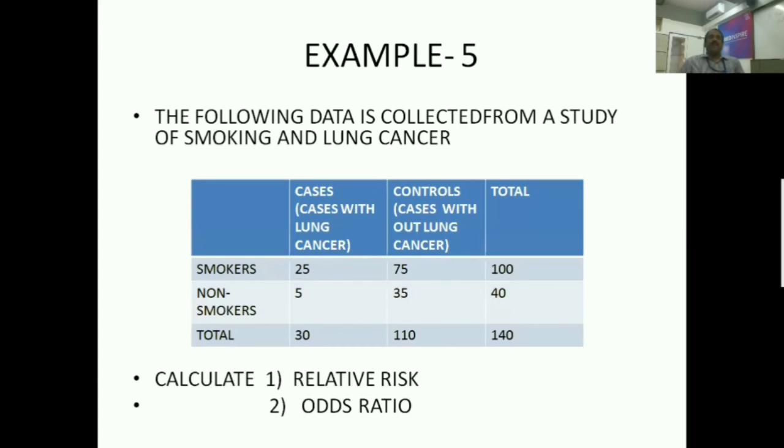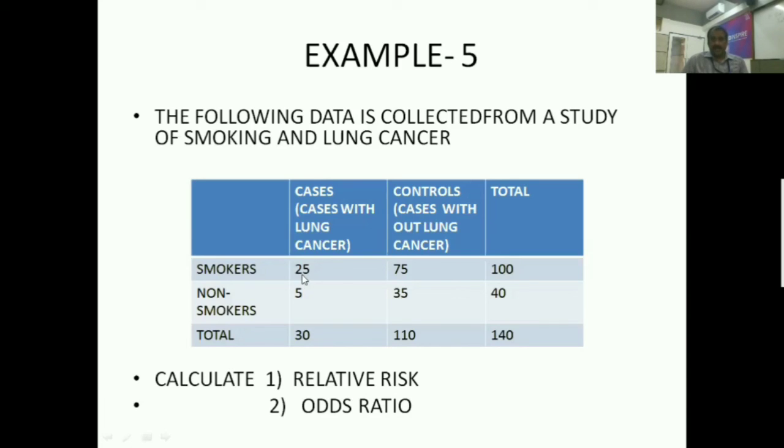Okay, so the following data is collected from a study of smoking and lung cancer. Here cases and controls are given. Cases means cases with lung cancer, and controls are cases without lung cancer. Row wise it is smokers and non-smokers, and the totals are also given.